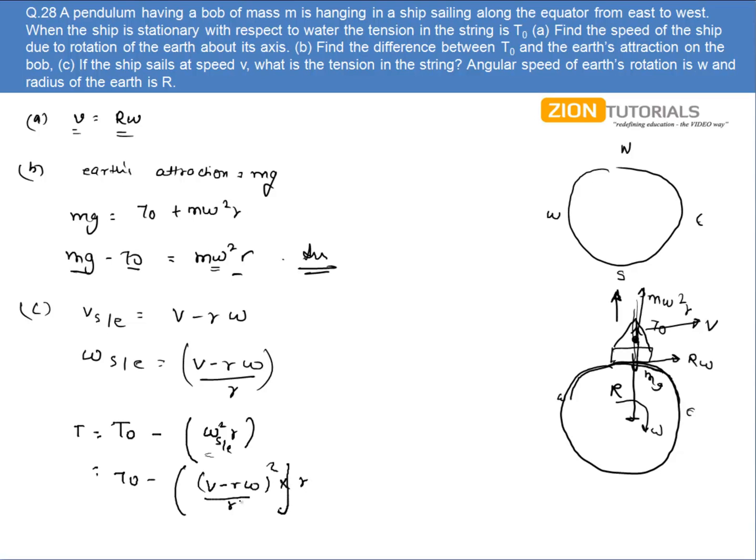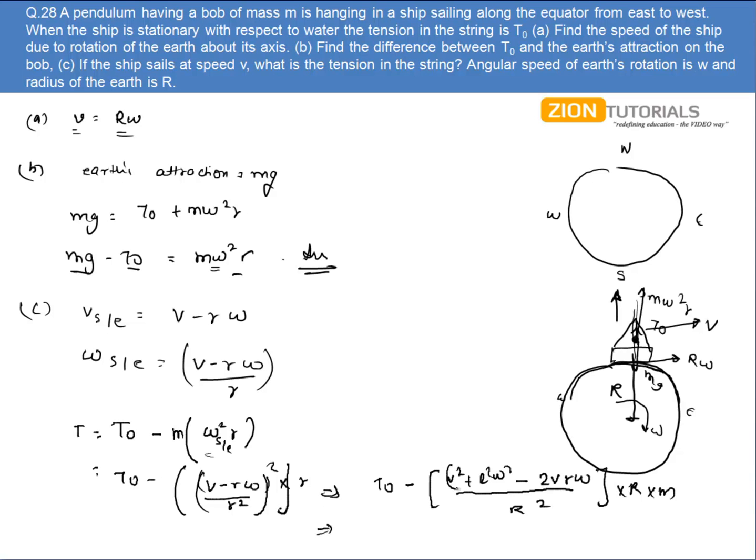So T naught minus m omega prime square r, that is v minus r omega by r whole square into r, which gives T naught minus m times v square plus r square omega square minus 2 v r omega, by r. Just solve this.